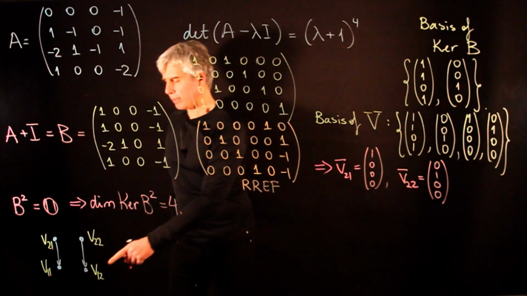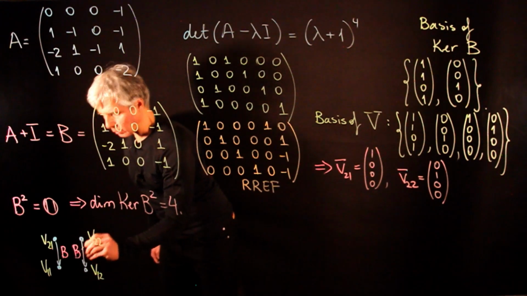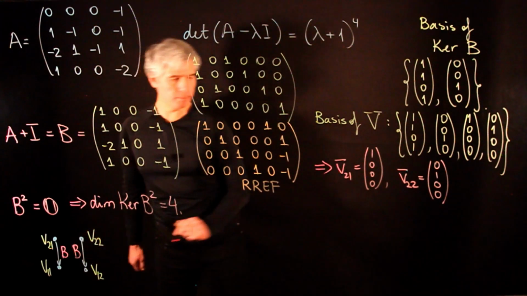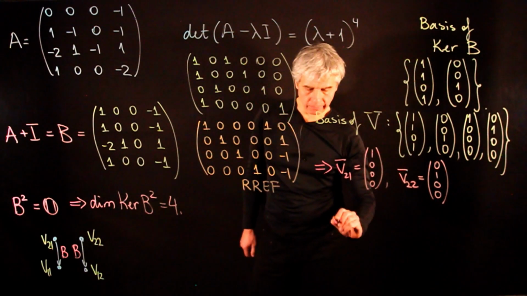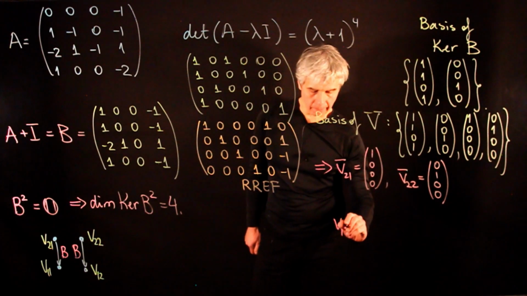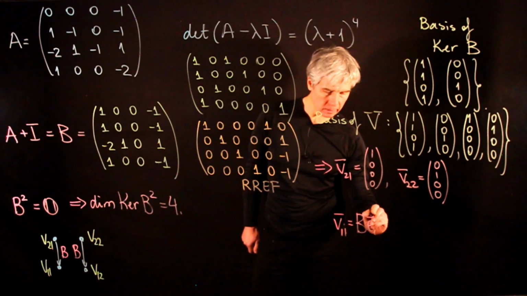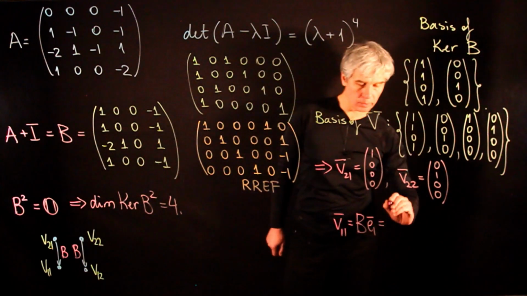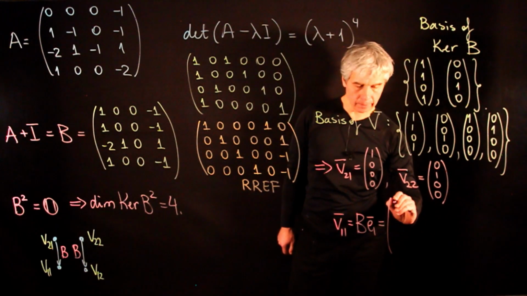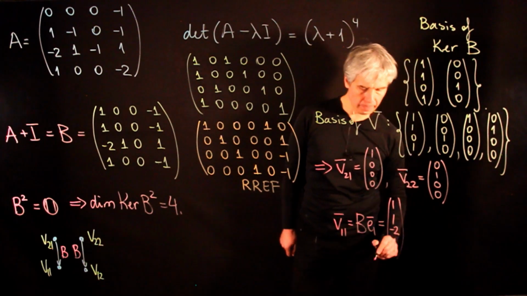Now we can determine the bottom vectors by just going down these diagrams, applying operator B. So what we get is that the vector V11 is equal to B times E1. So this is the first column of the matrix B, which is the vector 1, 1, minus 2, 1.